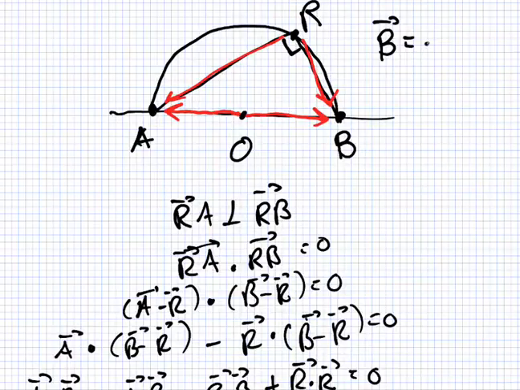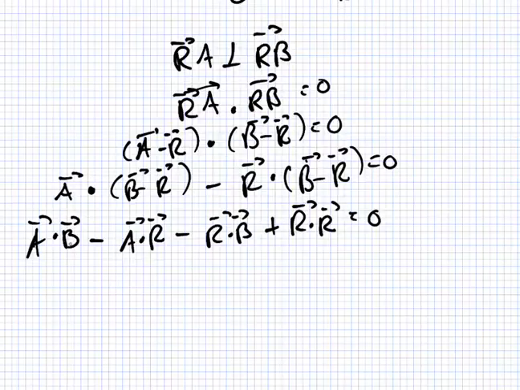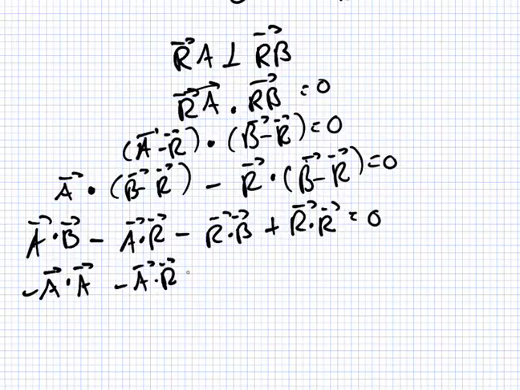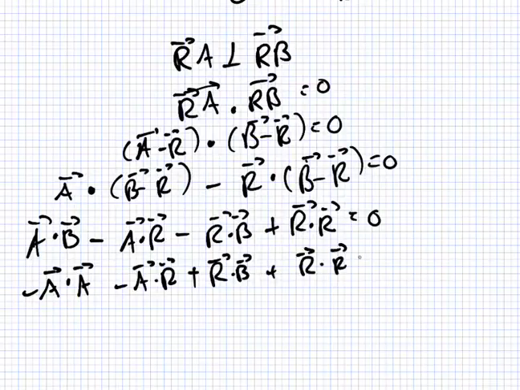It is, but with a minus, pointing to the left. So if I swap B with minus A, then this will be minus A dot A minus A dot R. I'm swapping the B, so that'd be plus R dot B plus R dot R equals 0.